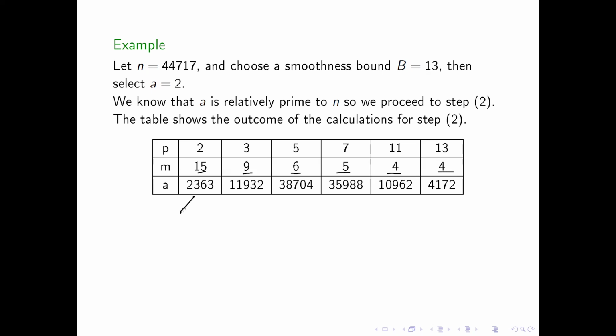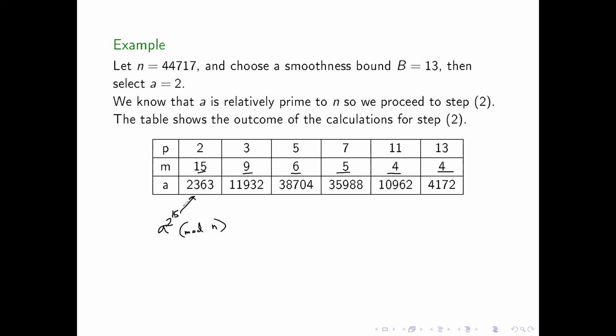Then what I'm going to do for this one is take a, which is 2, to the p, which is 2, to the 15th power, mod n. Well, 2 to the 15th power is really nice because it's an easy binary expansion.